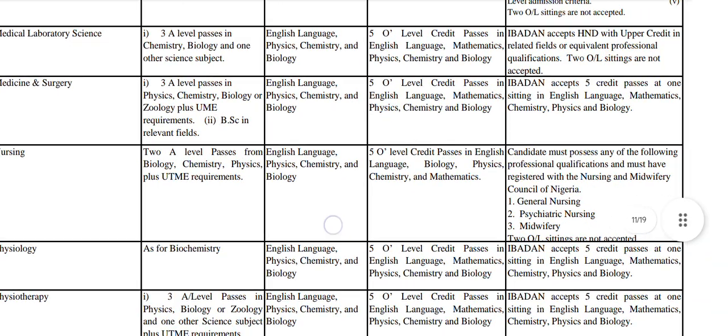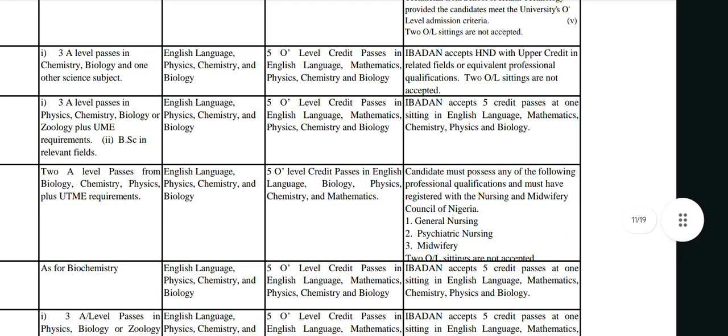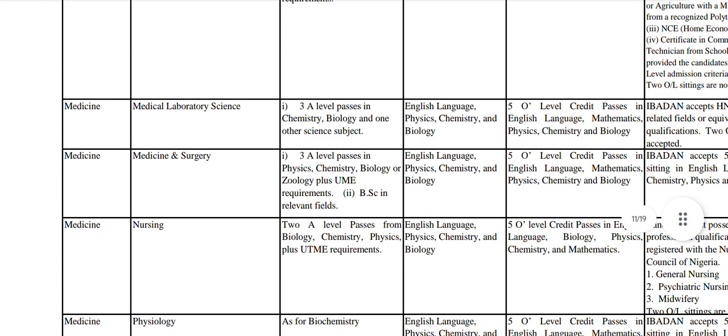BSc in a related field. So if you have a BSc in a field related to medicine and surgery, you can apply. So we have like two categories of people that can apply for medicine and surgery as a direct entry candidate. And you must have the O-level requirement as well. They don't accept two sittings, they only accept one sitting. So that's for nursing and medicine and surgery.